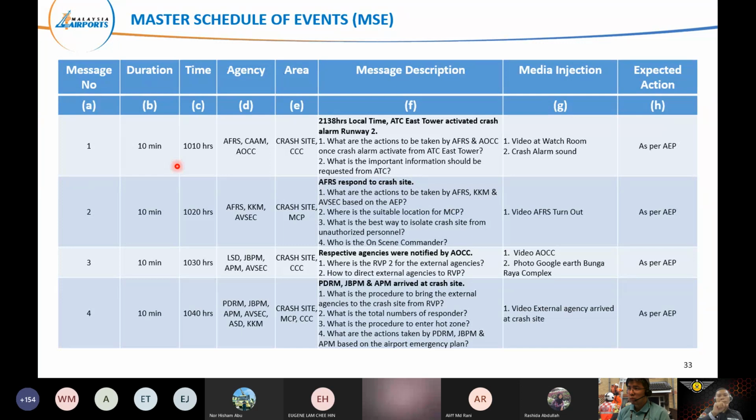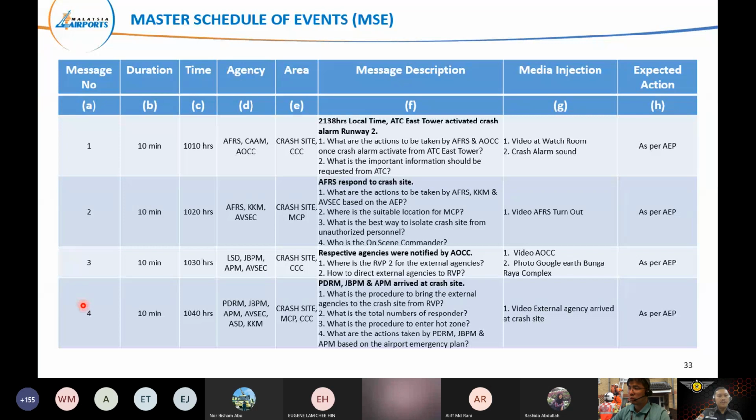So how we want to go, we want to put the flow of the event, the chronological log of events during any emergency. So by having this MSE, you can set, for example, by messages. Normally for a 2 hours tabletop exercise, at maximum 3 messages only.